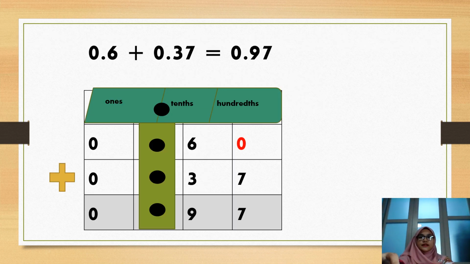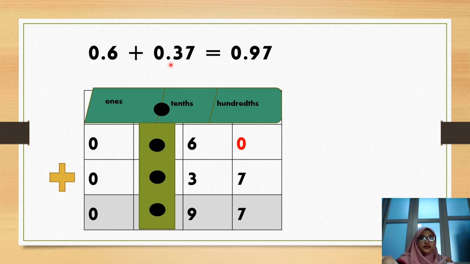For this question, 0.6 plus 0.37. We place the hammer in a grid. After the decimal point is 6. There's no number in the hundreds, so we put 0.